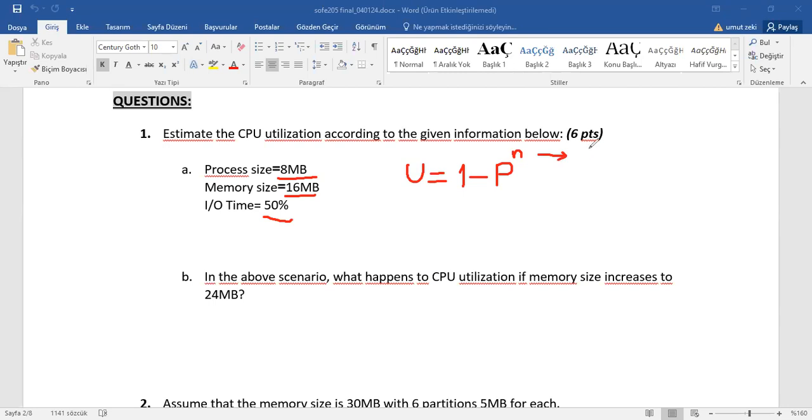So it will be 16 over 8, which is 2. Okay, so N is 2.